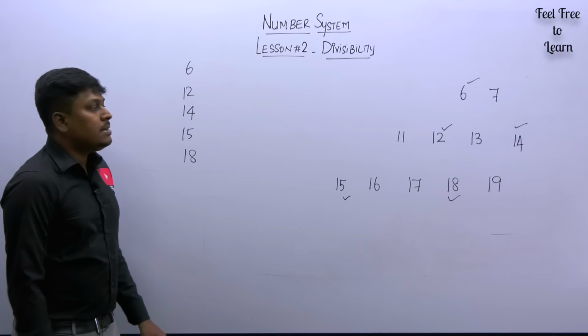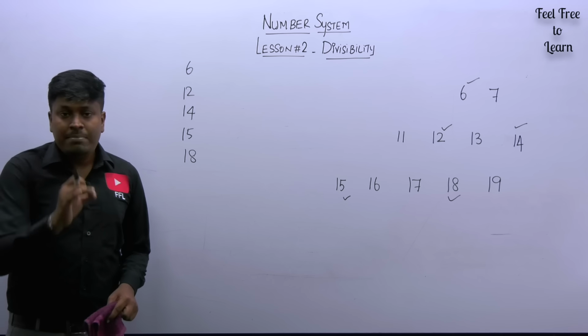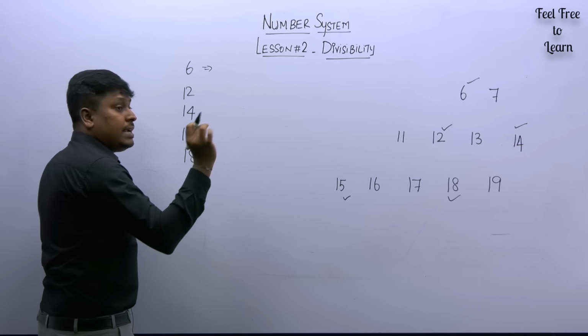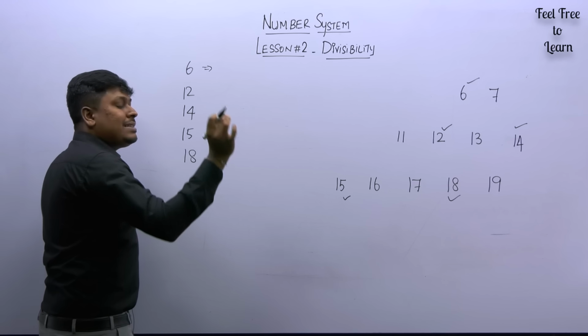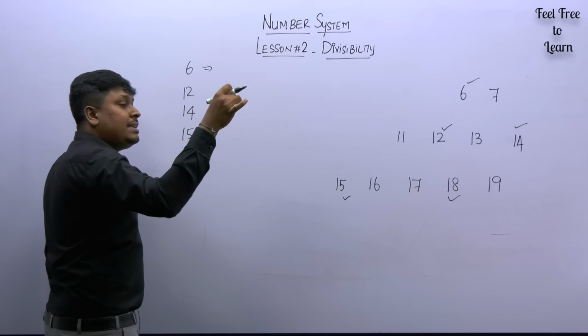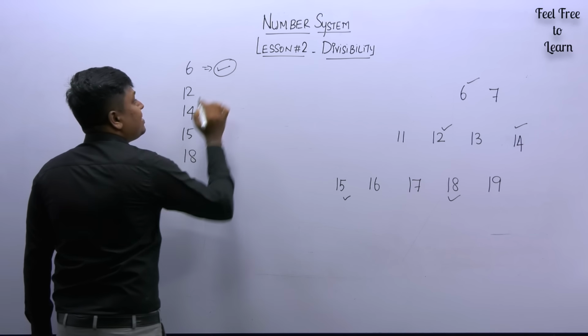See, for all these numbers, you don't need to learn a divisibility rule separately. Why? Because for 6, if a number is getting divided by 2 as well as the same number is getting divided by 3, then we can say that the number will be divisible by 6 also.